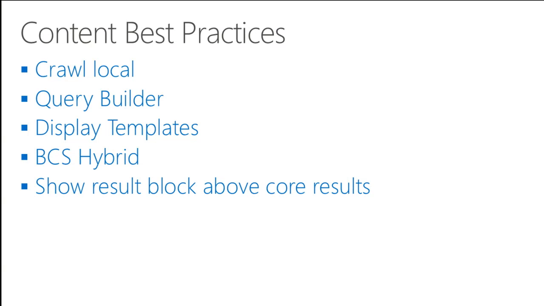That's a scenario where you would want to use the hybrid. You have your on-premises crawl, your line of business content there, and then you can expose that content via the hybrid search. As you're setting it up, make sure that you've checked the checkbox that says show the result block at the top. Otherwise, it could be on the third page if you let it sort by relevancy. This way you would know if it's working for sure.